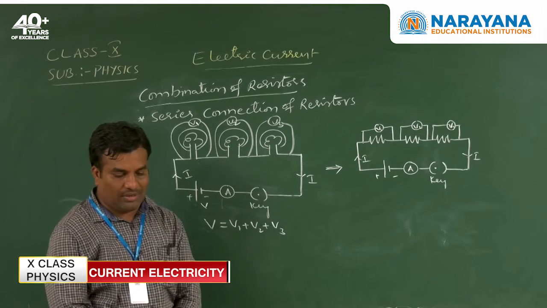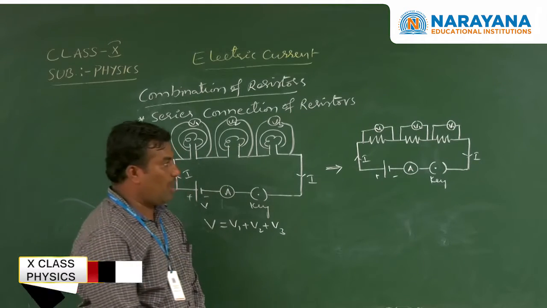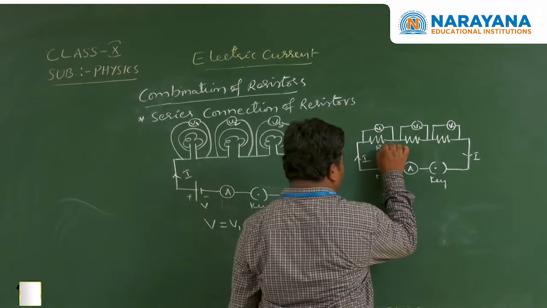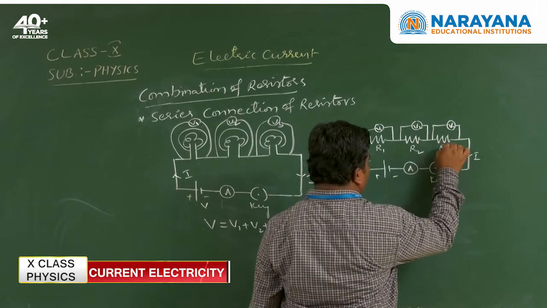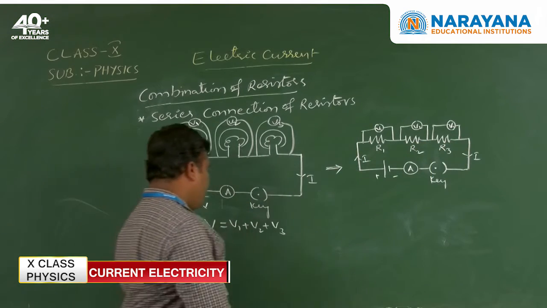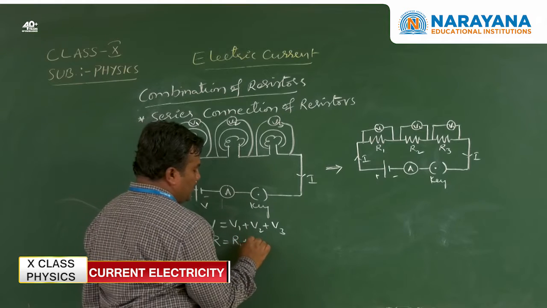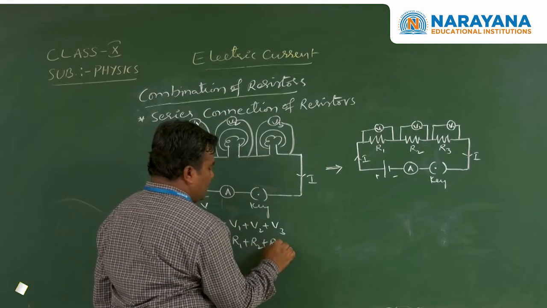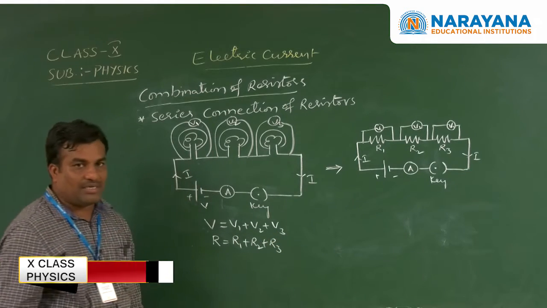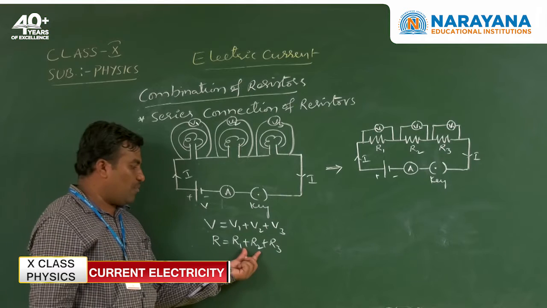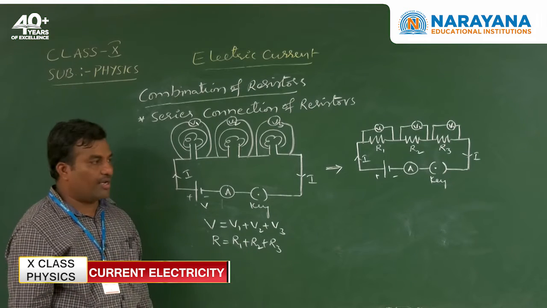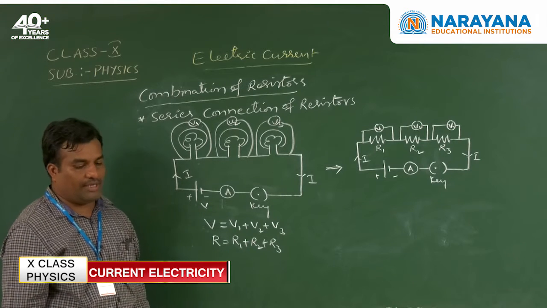The potential differences are across R1, R2 and R3. The effective resistance in the series combination equals the sum of the individual resistances: R equals R1 plus R2 plus R3.